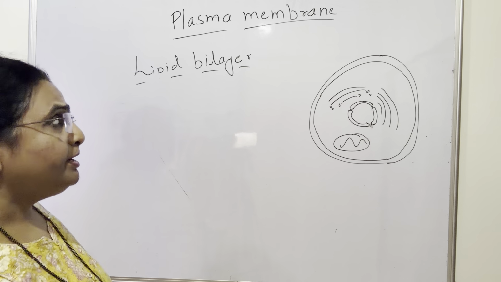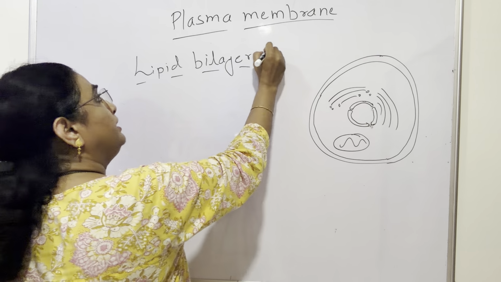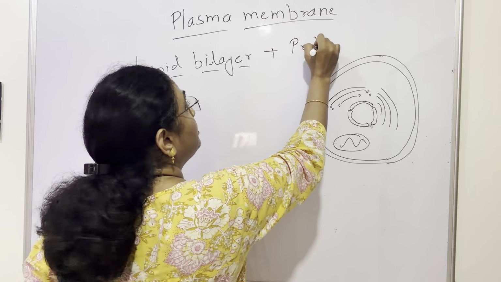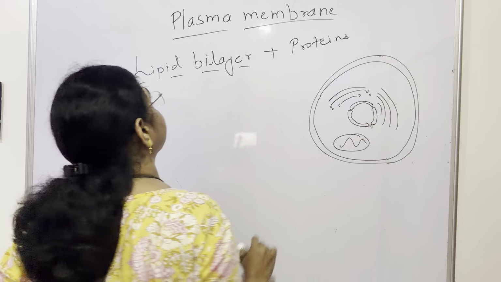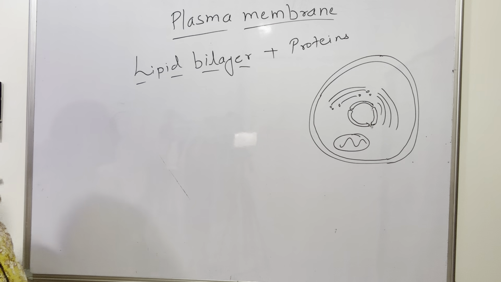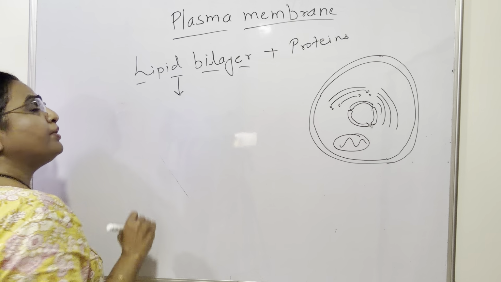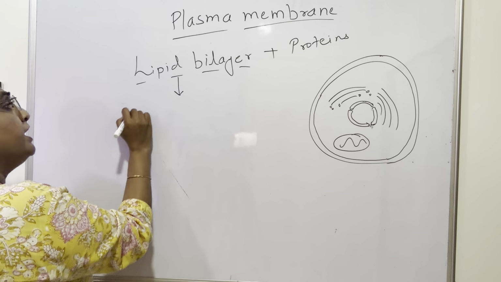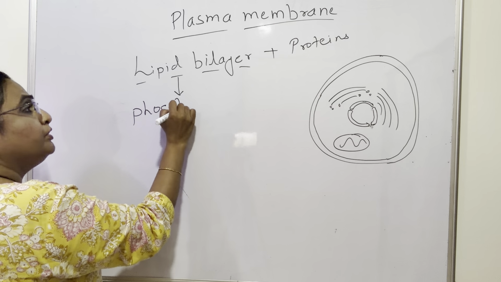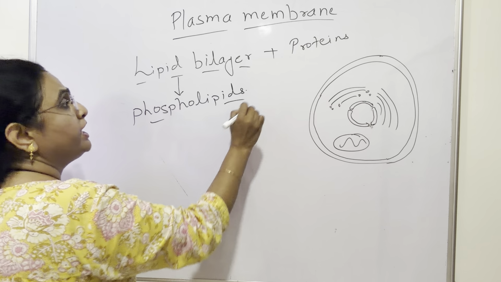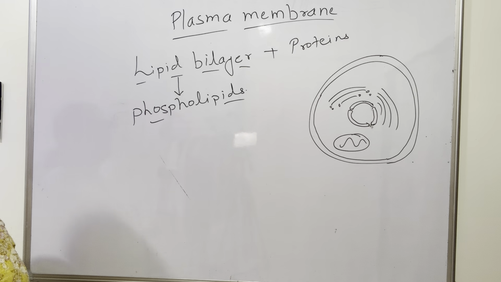It is a lipid bilayer and it consists of proteins. When you say it is a lipid bilayer, what type of lipid does it consist of? It consists of phospholipids.